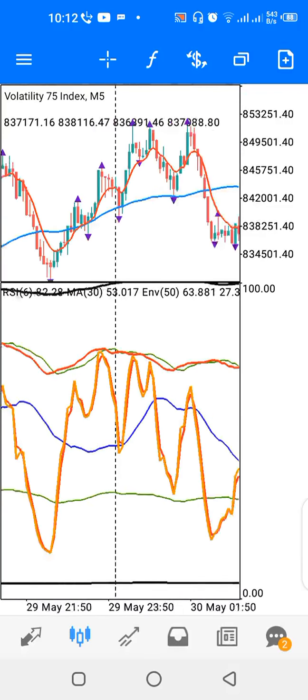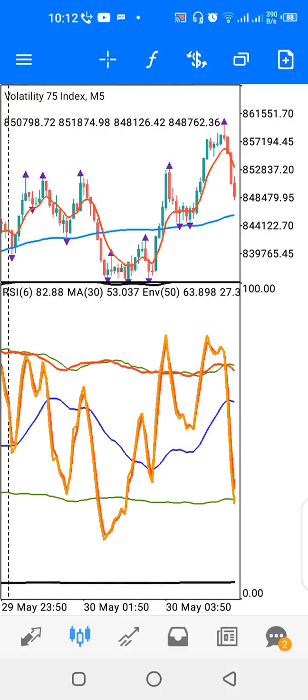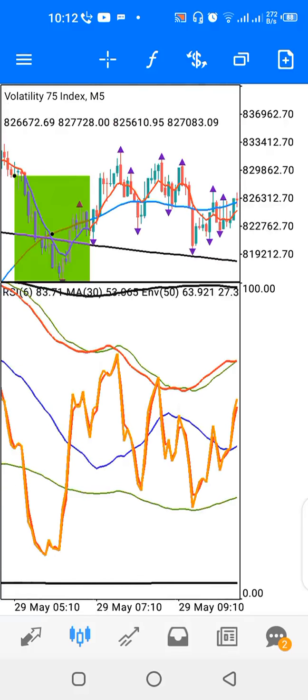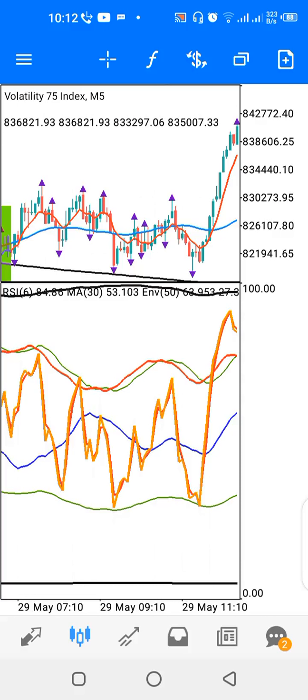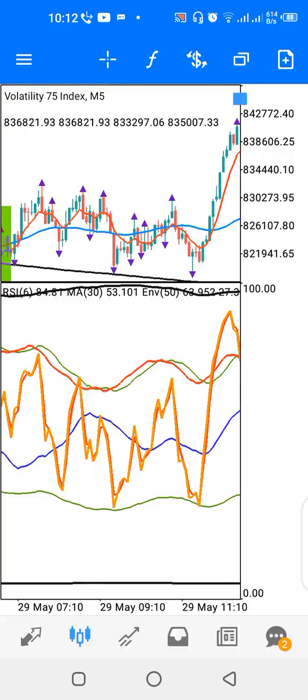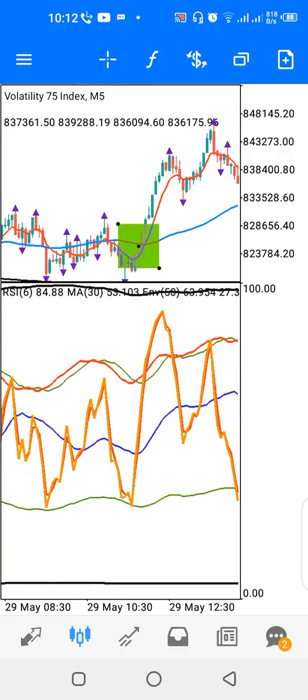So when we are in a bullish trend, you always ensure that the red and the blue lines are above the black line, and you try to take your trade whenever the red line crosses above the blue line. Like you have a cross above the blue line here, you can take your trade.